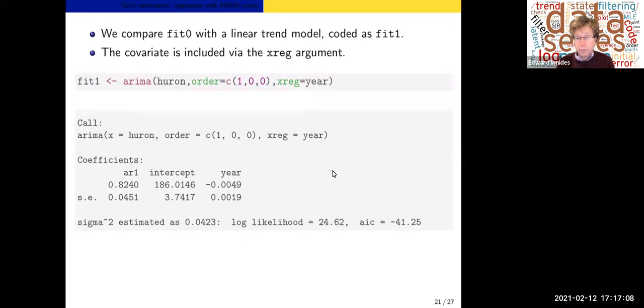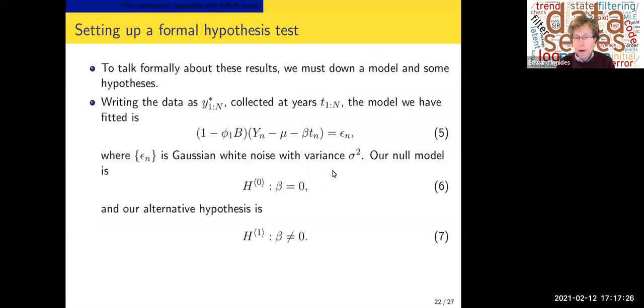And so we're maybe interested in testing how strong the evidence is that there is a trend, or are we just maybe imagining that we see a trend in chance variation of a dependent process? We can set this up as a formal hypothesis test. And so for that, you have to write down the model, the hypotheses. And we've done this enough times now, so it's not very novel, but we write down our model as something like in equation 5.